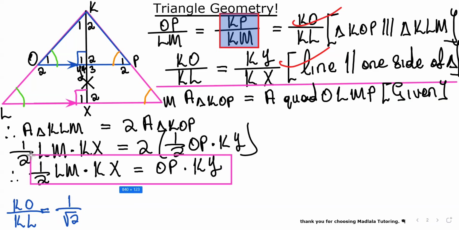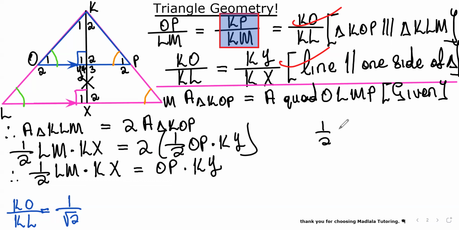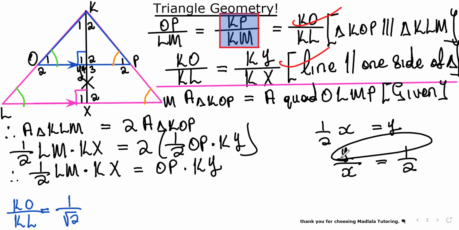However, we have the equality of two products here. So we need to convert this to a ratio. And how do we do that? It's like you're saying half X equals Y. Now, what's the meaning of this? Well, it actually means if you take Y and you divide it by X, then the answer is going to be 1/2. That's what it means.